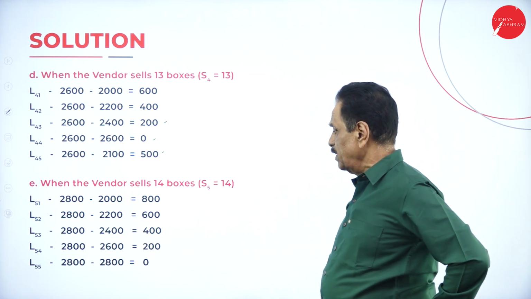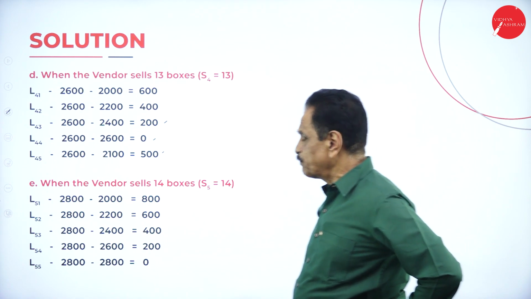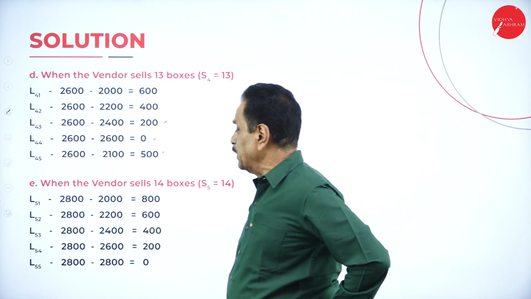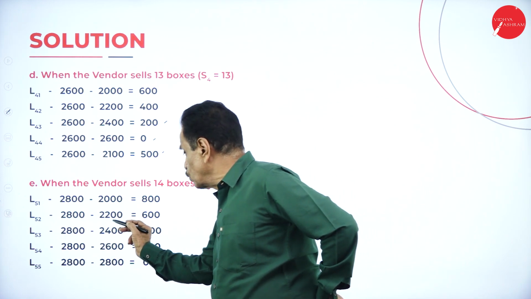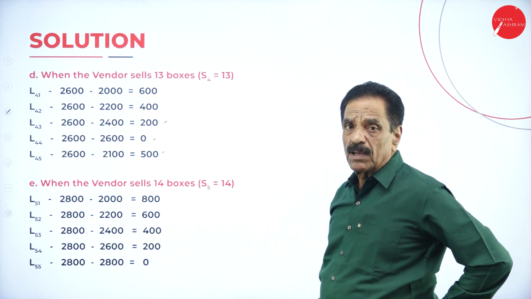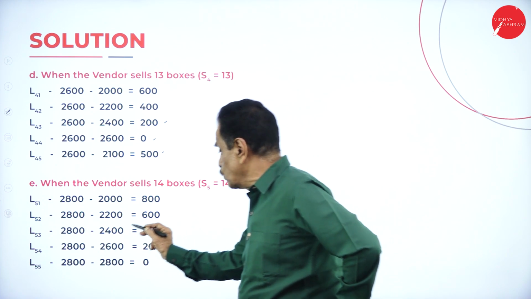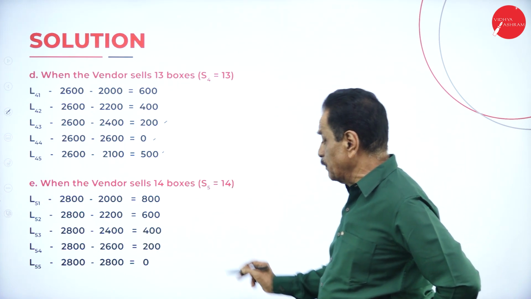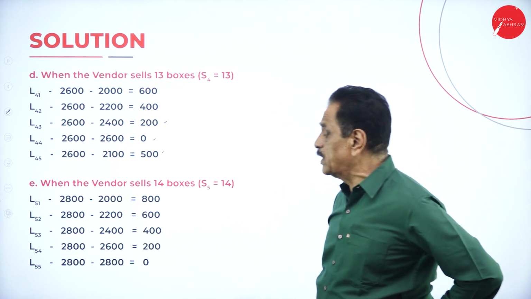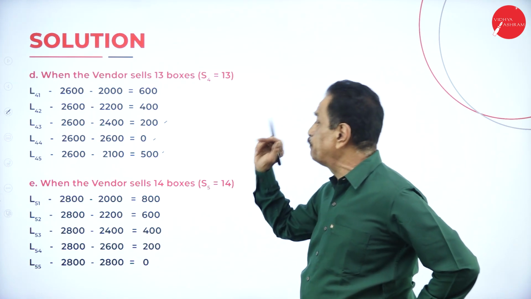Last one, S5 is 14. 2800 minus 2000 is 800. 2800 minus 2200 is 600. 2800 minus 2400 is 400. 2800 minus 2600 is 200. This is 0.